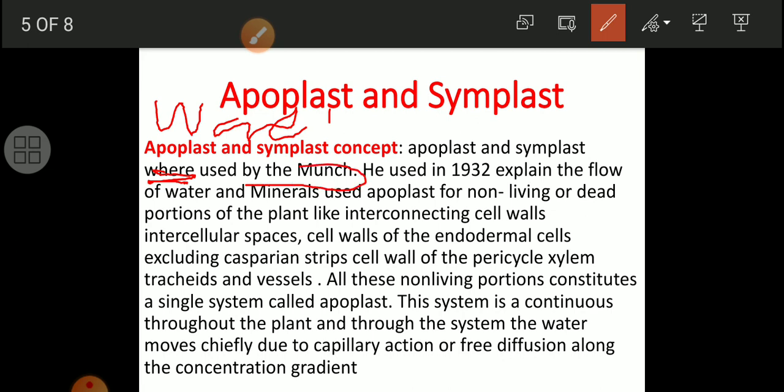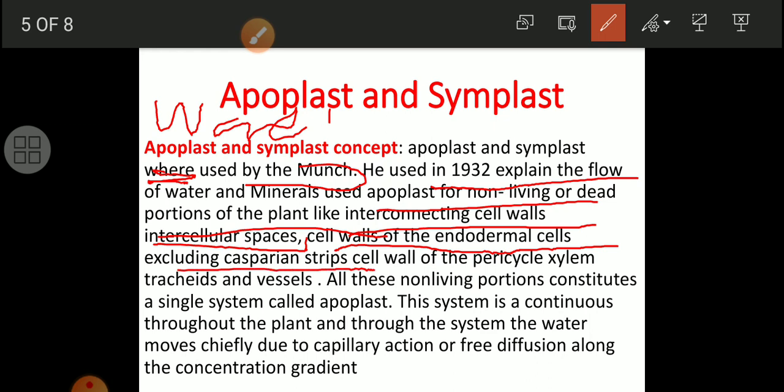He used them in 1932 to explain the flow of water and minerals. He used apoplast for the non-living or dead portion of the plant, like the interconnecting cell walls, intercellular spaces, cell walls of the endodermal cells excluding Casparian strips, cell walls of the pericycle, xylem, tracheids and vessels. All these non-living portions constitute a single system called the apoplast.